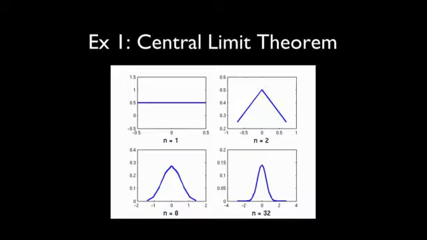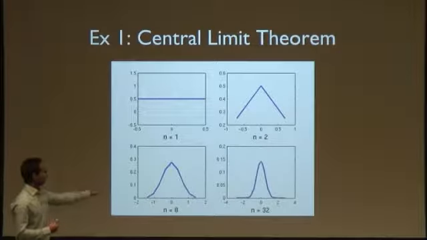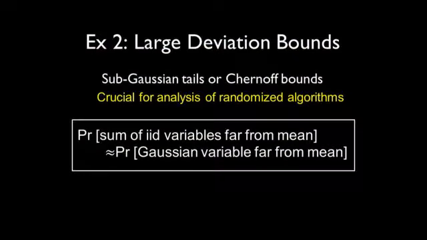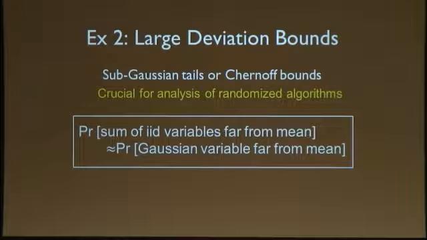Pictorially, here I have the probability density function of one random variable, 2 random variables, and so on. And you can clearly see the shape of the bell curve emerging. Another example is large deviation bounds in probability, which say that for independent bounded random variables, the probability that the sum deviates too much from the mean is comparable to what happens in the Gaussian case.